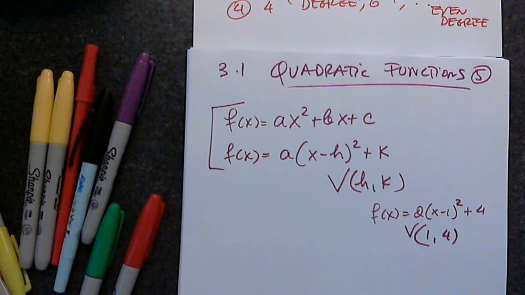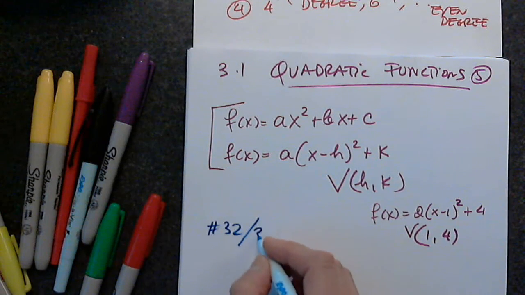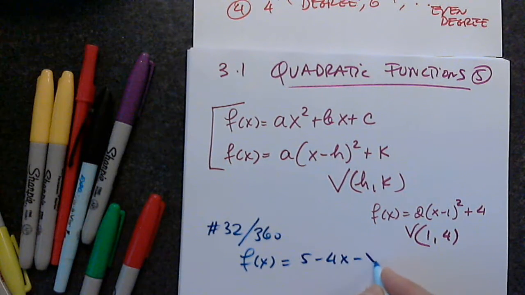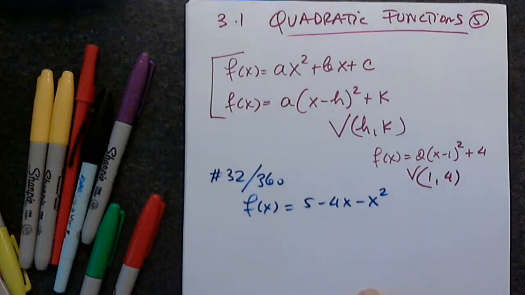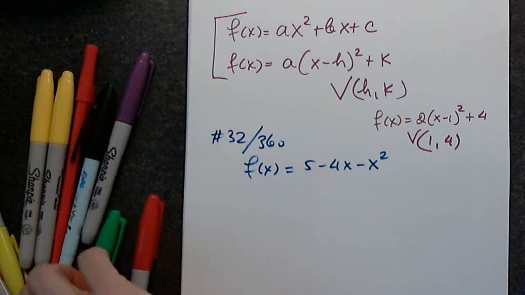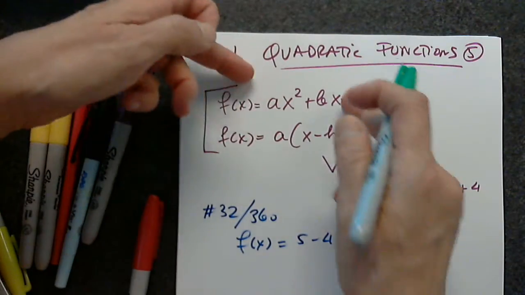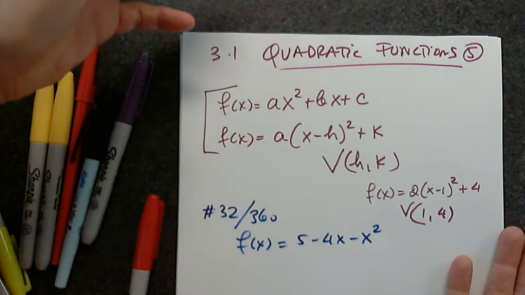Okay, let's say 32 on page 360. And we are given f of x equals 5 minus 4x minus x squared. So the difference, one more time, between these two is basically just the way they look, not the graph.